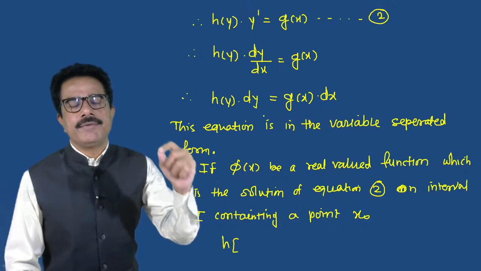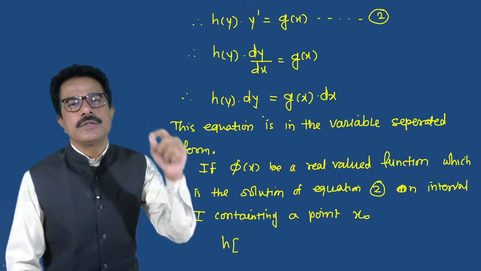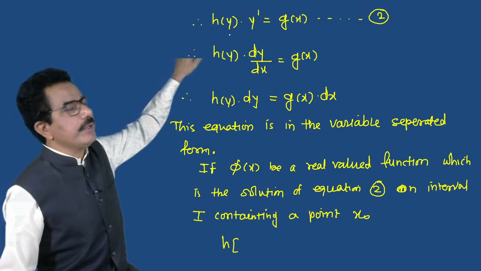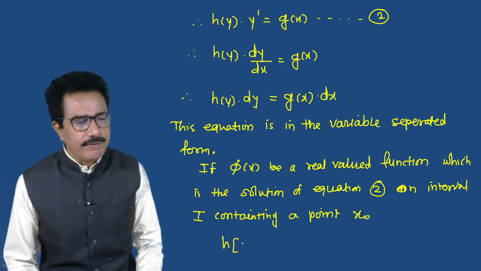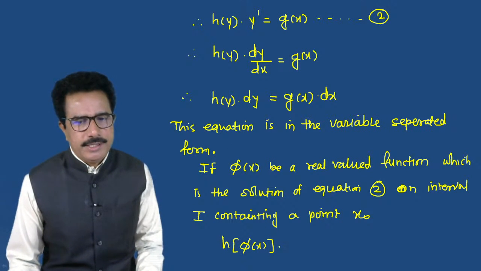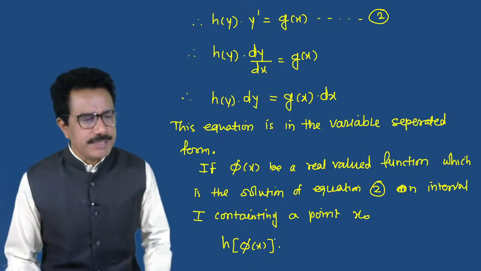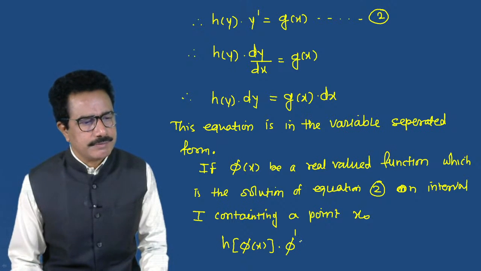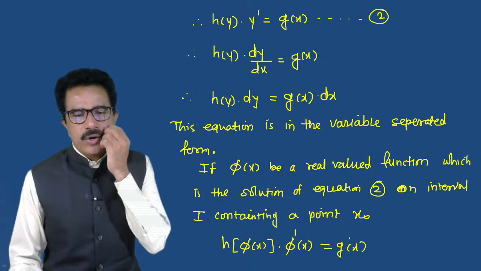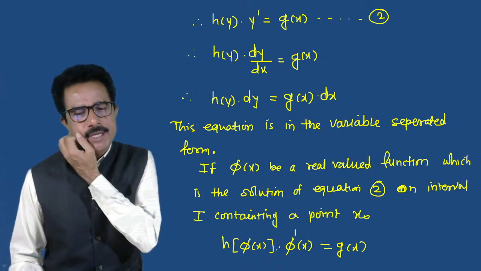If we have the differential equation dy by dx, then we can write its solution as y, or also as phi. Now in equation 2, in place of y write phi of x: h of phi of x into y dash, meaning phi dash of x, which is equal to g of x. So this is also in the separation variable form.